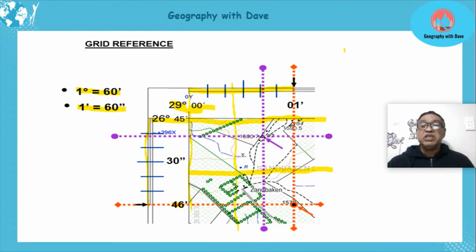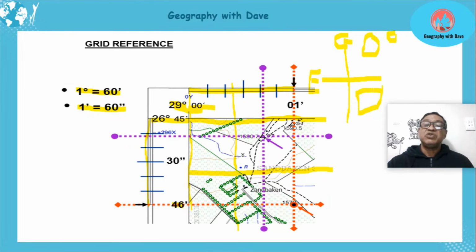There's one more thing you need to note. If I have the Greenwich meridian, which is 0 degrees, and then we have the equator, which of course is also 0 degrees, and we look at where South Africa is situated.